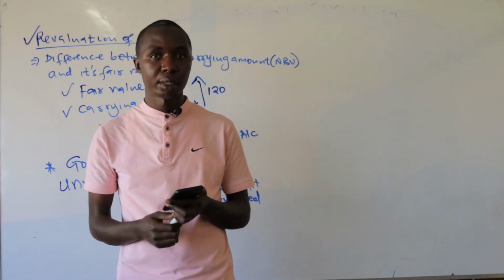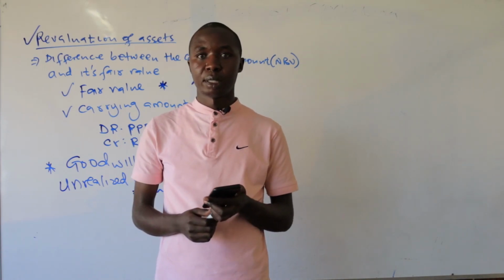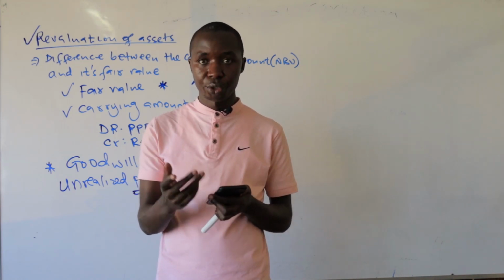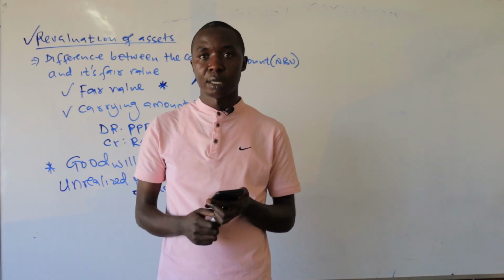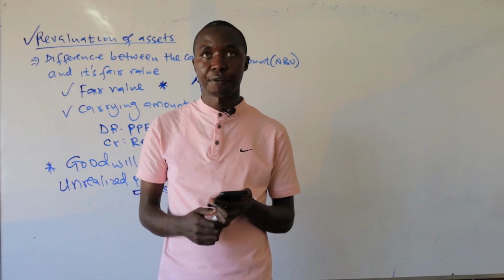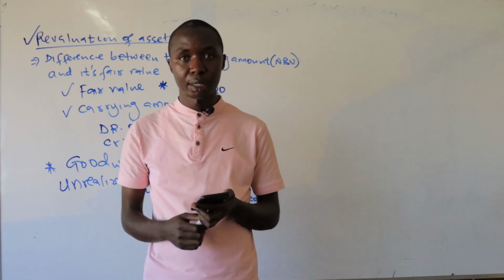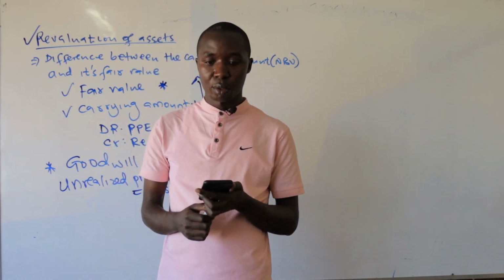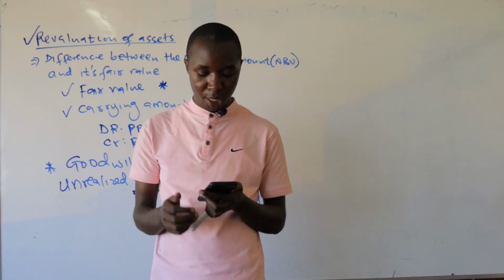When the parent acquires another investee company up to 30%, we call it an associate. If it's at 50%, it's called a joint venture. And if it lies at a percentage of 51 to 100, it's called a subsidiary. So the 30% interest which was acquired in Amua makes Amua an associate of the parent.